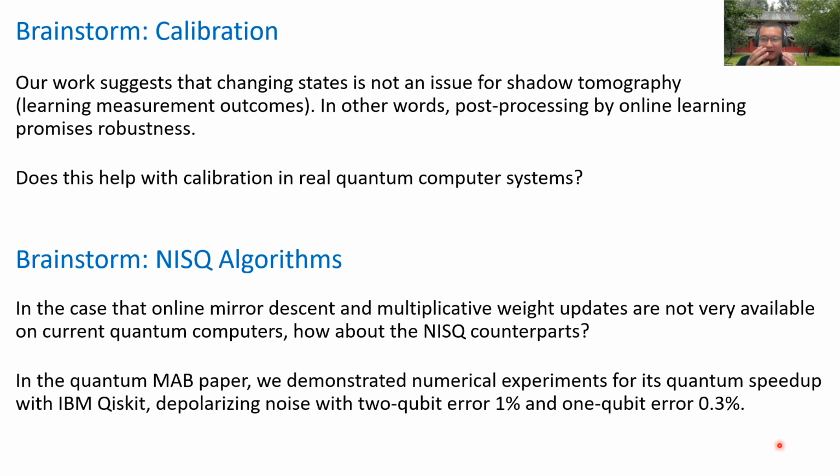I have to say we didn't conduct a lot of experiments, but for depolarizing noise with two-qubit error of 1% and one-qubit error of 0.3%, which I think are reasonable parameters, our quantum MAB is still better than the classical regret of the MAB. So hopefully NISQ algorithms can take a role in the online learning of quantum states and corresponding problems.